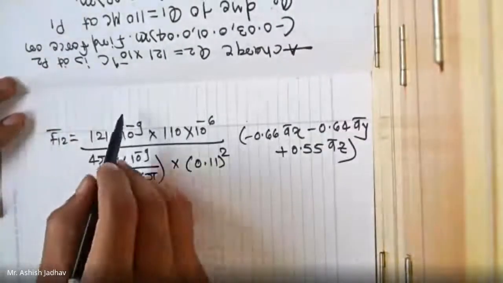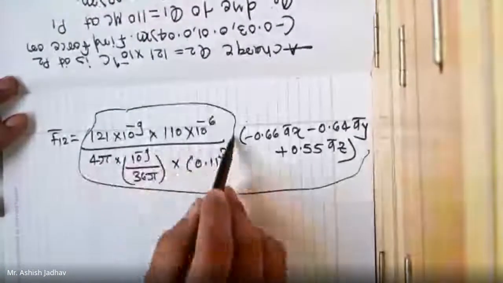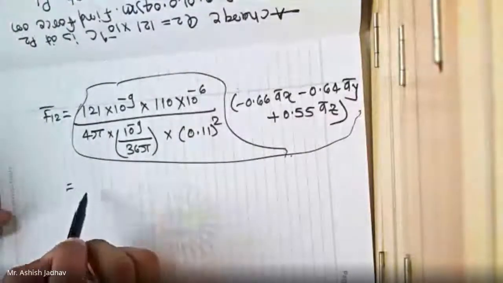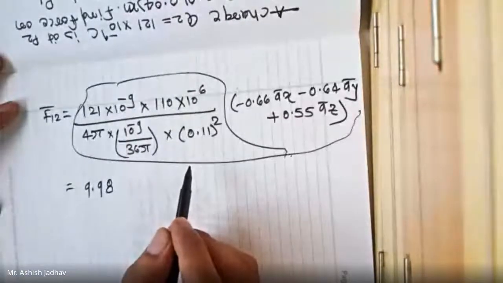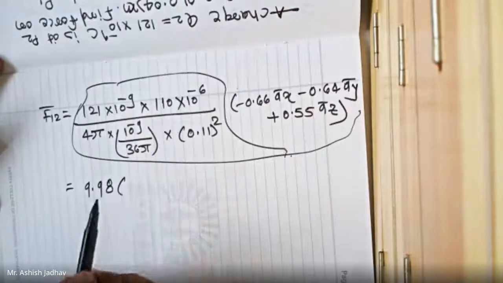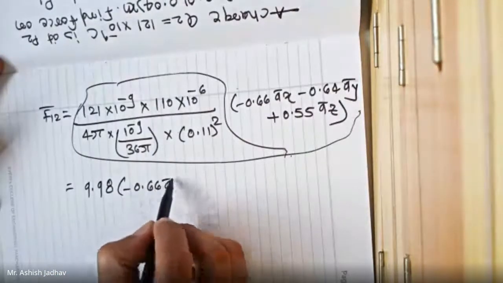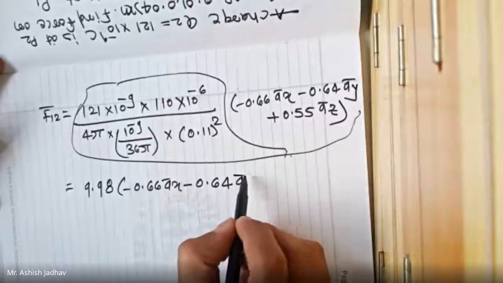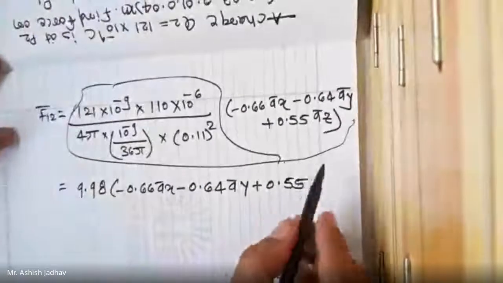So if you calculate this, you will get 9.98 for verification, for your cross checking. Answer is 9.98 into bracket minus 0.66 a bar x minus 0.64 a bar y plus 0.55 a bar z.